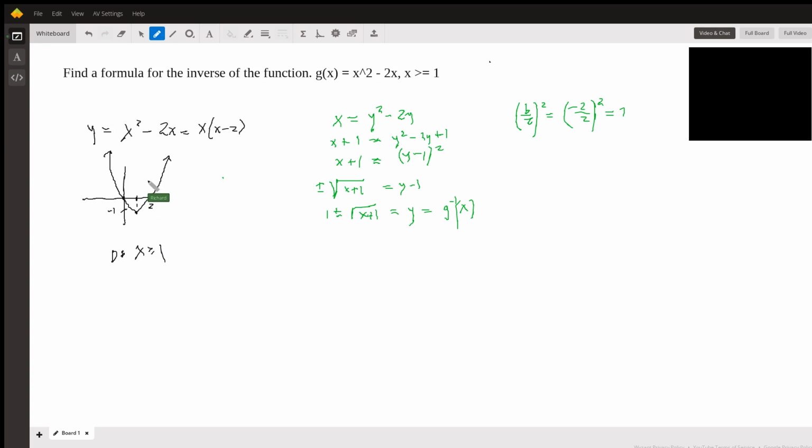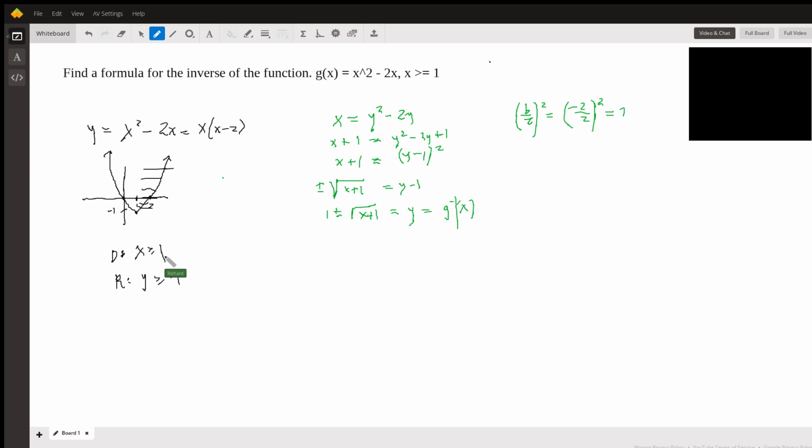So you can see we're only dealing with this half of a parabola from here on out. X is greater than or equal to 1. And when x is 1, y is negative 1. So the range here is y greater than or equal to negative 1.